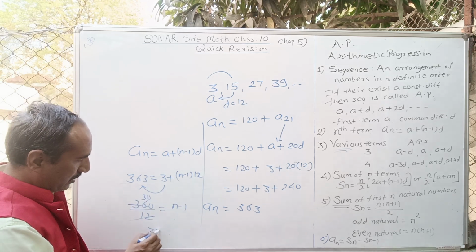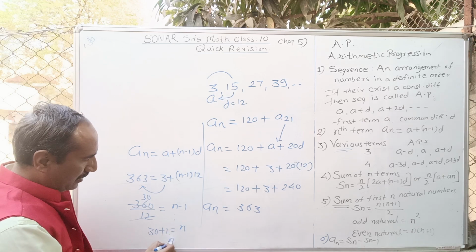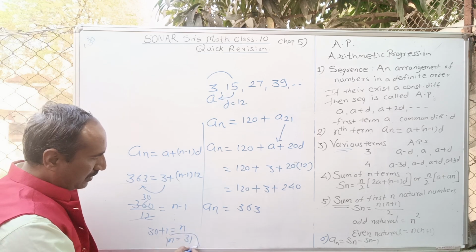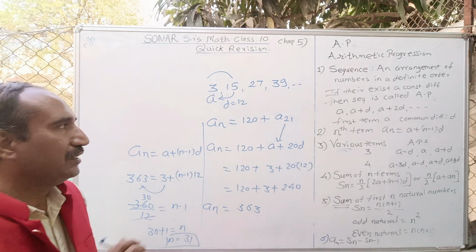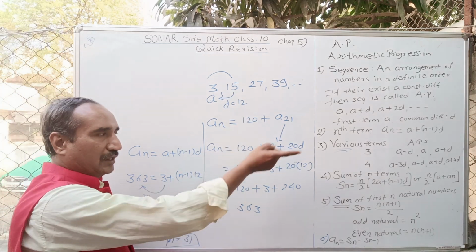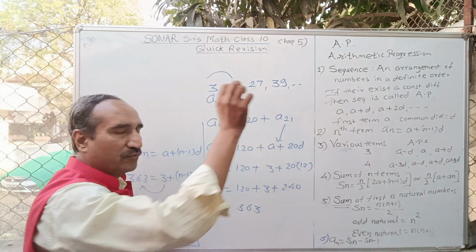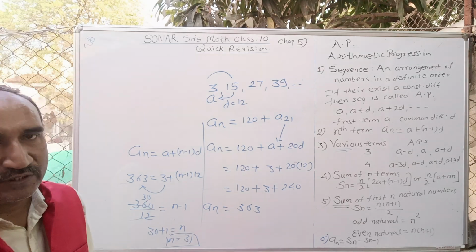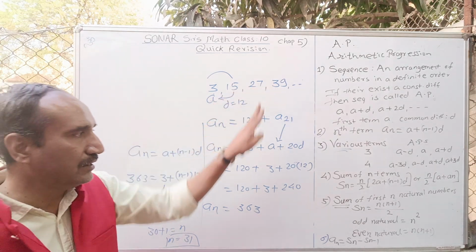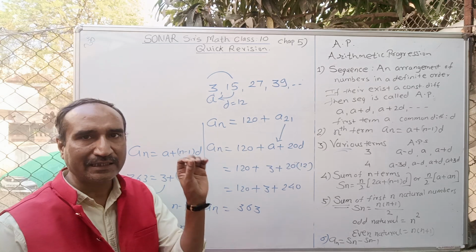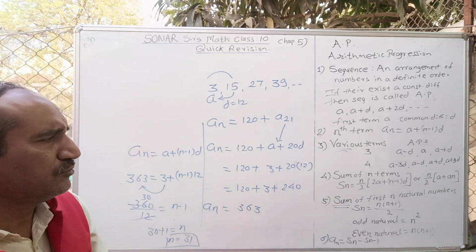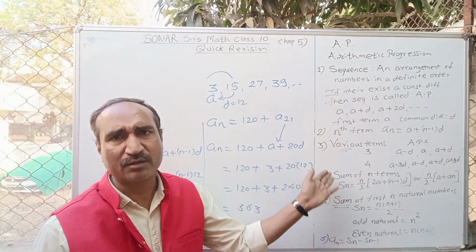So 30 plus 1, again the number of terms is 31. So the 31st term will be 120 more than its 21st term for this given AP. This type of word problem for 3 marks may be asked in the exam. Let's move to the questions related to the sum of n terms.